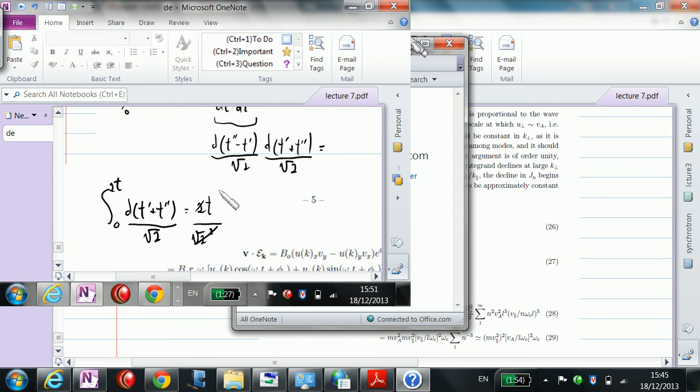So, and then the integral from 0 to t, well, no, should this be from 0 to t. Yeah, 0 to, it's actually, it actually doesn't matter because you're going to assume now that t double prime minus t prime is 0 to t prime.